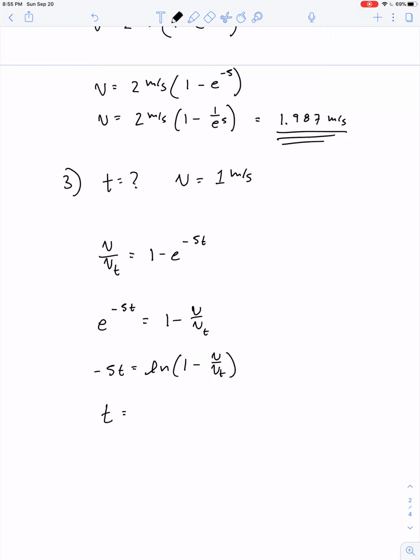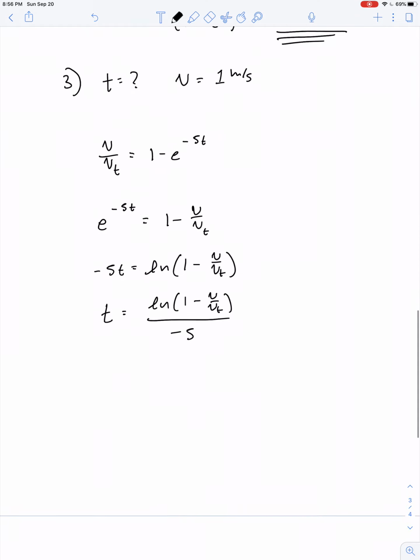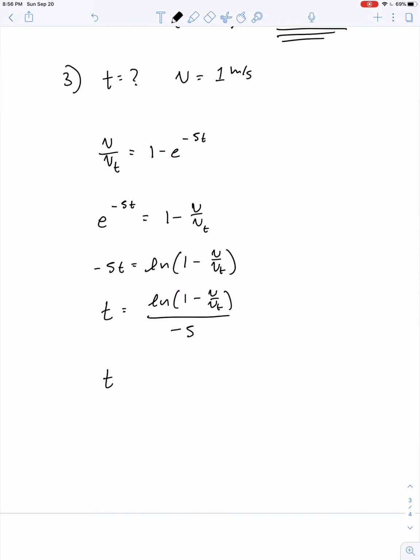So time is the natural log of 1 minus v over v terminal divided by negative 5. Now wait a minute. Does that mean we're going to get a negative value of time? Well, no, we're going to be taking the natural log of a value less than 1, which will give us a negative value. So we're going to have a negative over a negative. So we'll get a positive answer for time. In fact, what we're going to get is the natural log of 1 minus 1 over 2, right?